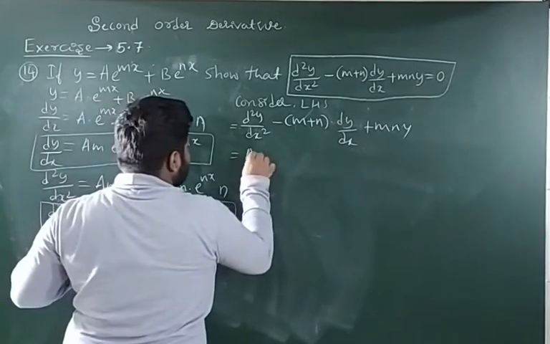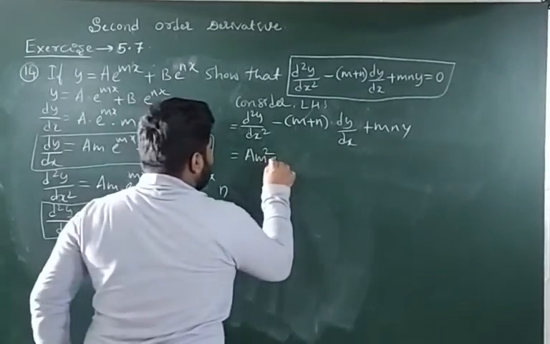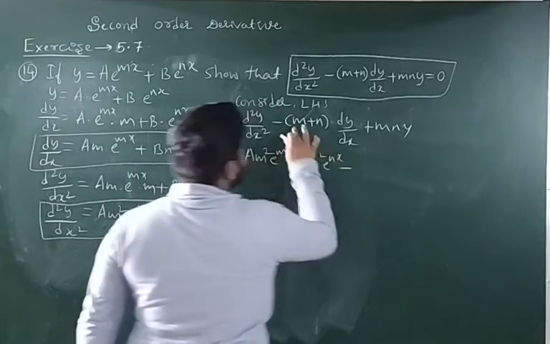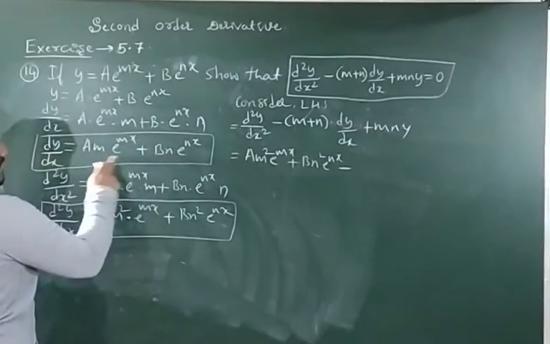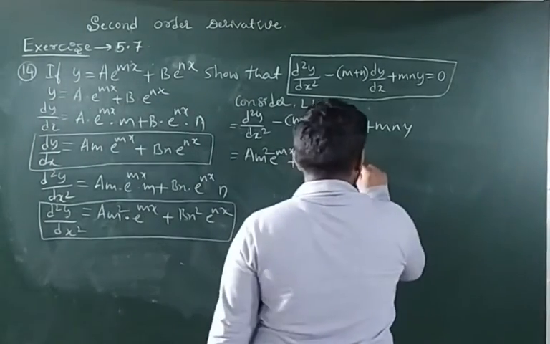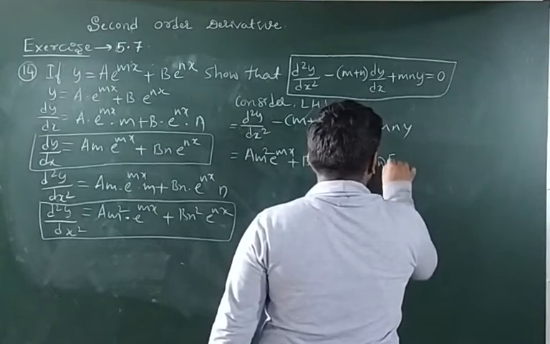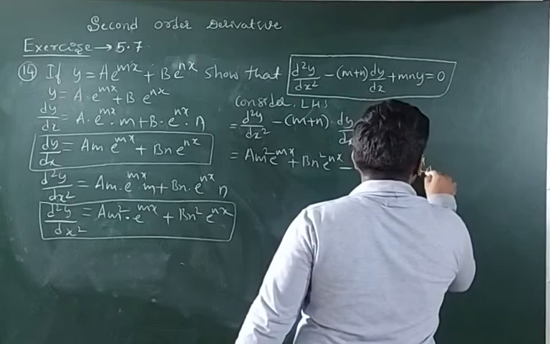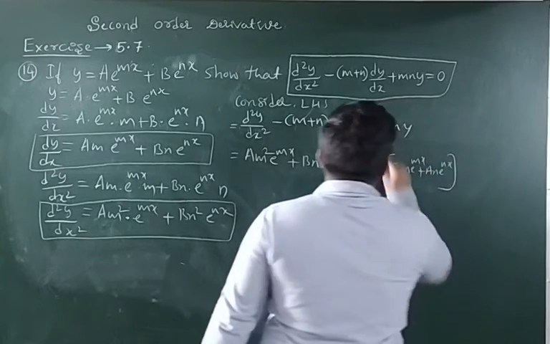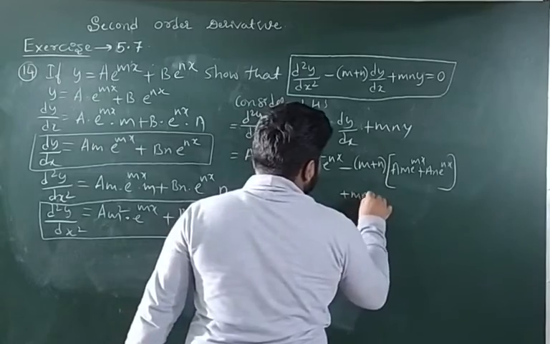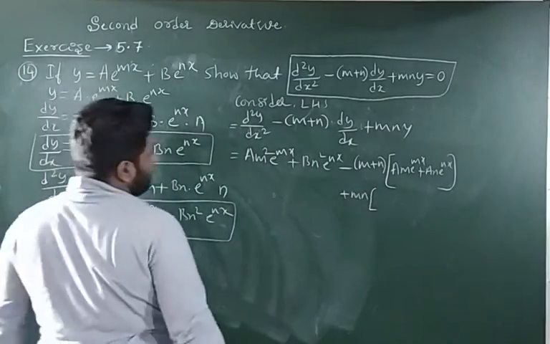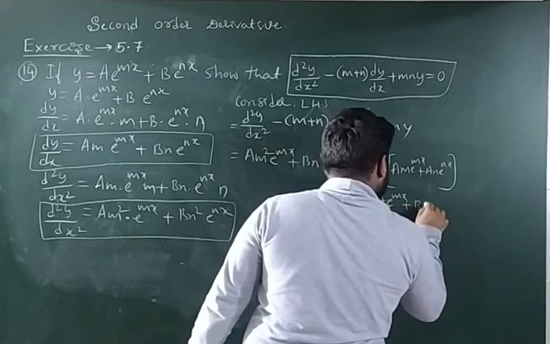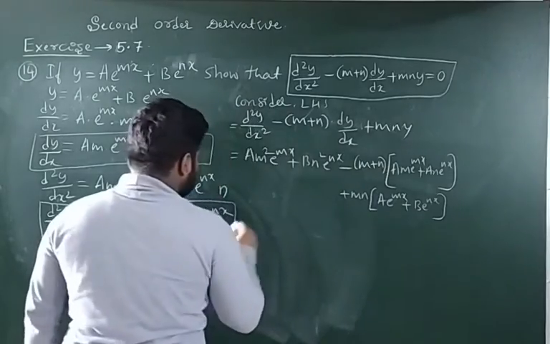We got am square e raised to mx plus bn square e raised to nx, minus (m plus n) into dy by dx. You put the values of dy by dx: am e raised to mx plus bn e raised to nx, plus mn into y. What is y value? a into e raised to mx plus b into e raised to nx. So simplify the terms.